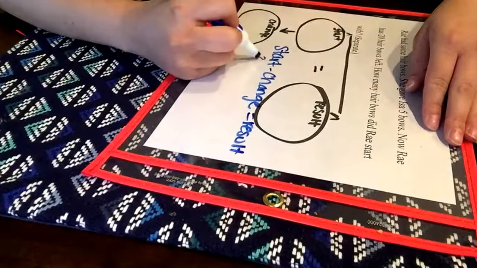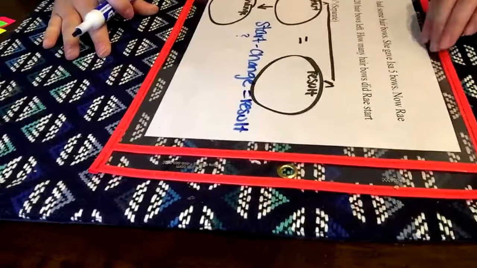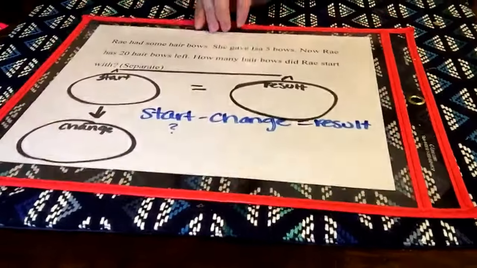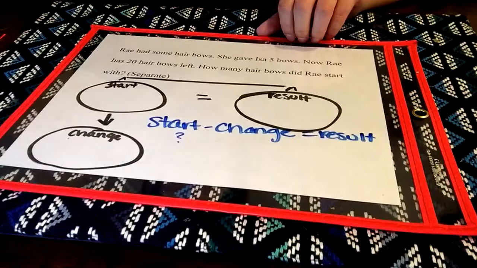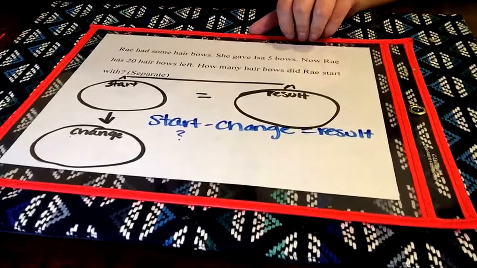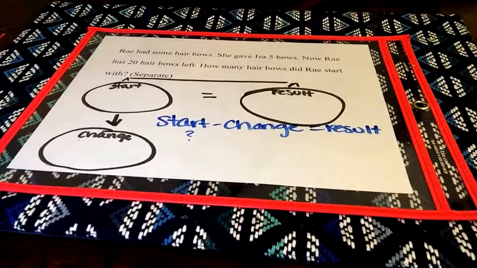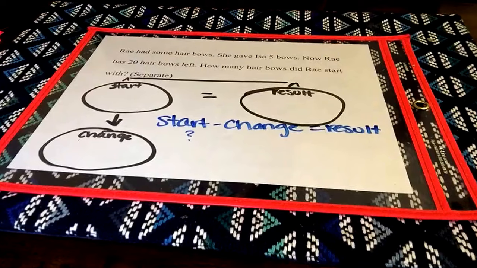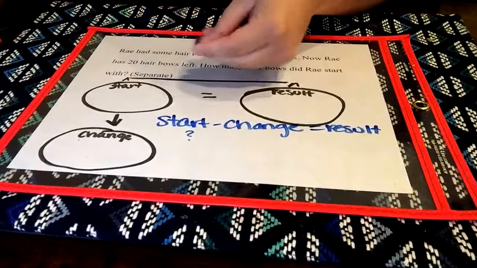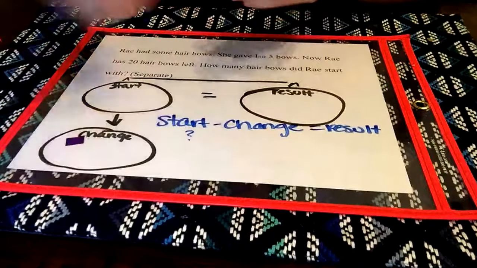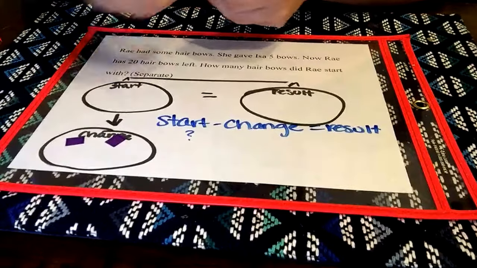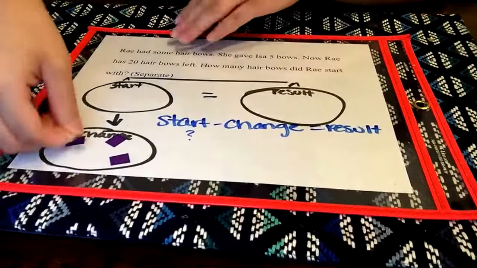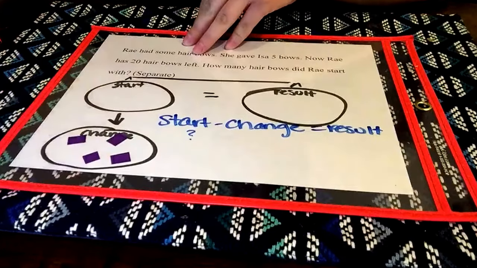But we do not know what the start is, so let's just go based on the information we do know. So we know that she had given away 5 bows. So I will be using base 10s, which I printed out. But we have 1 individual unit, 2, 3, 4, and then 5.